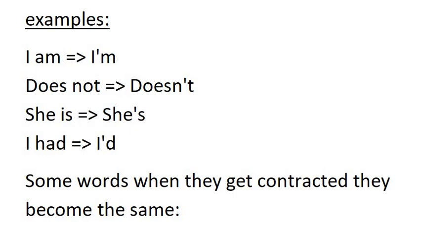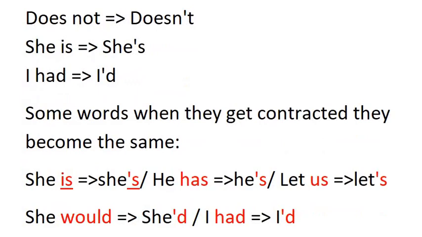So, here we can see that some words, when they get contracted, they become the same. Let's see how. Here if you can see, I have she is, it's going to be she apostrophe s. And also I have he has, it's going to be he apostrophe s.